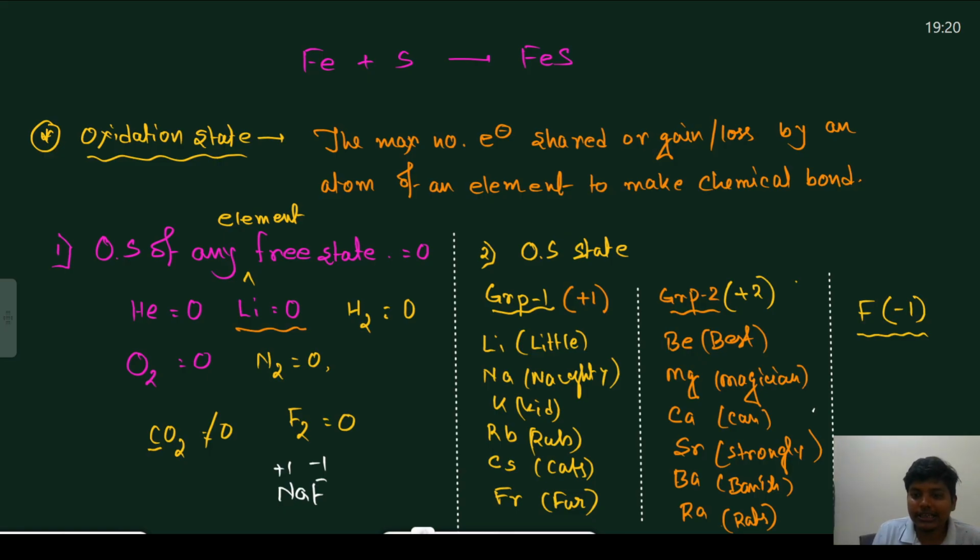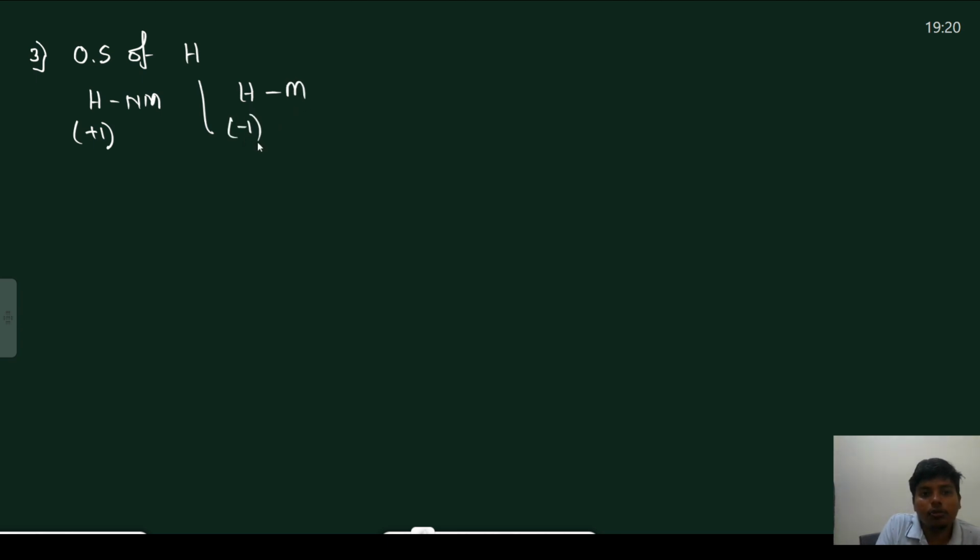So next is rule number 3. Rule number 3 says that when hydrogen is attached with a non-metal, its oxidation state will be +1, and when hydrogen is attached with a metal, the oxidation state will be -1.